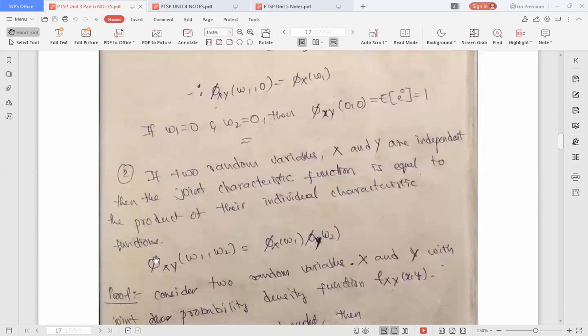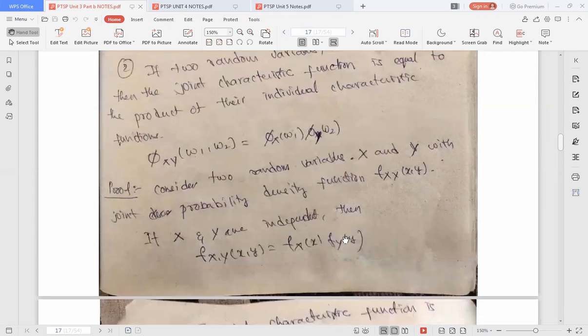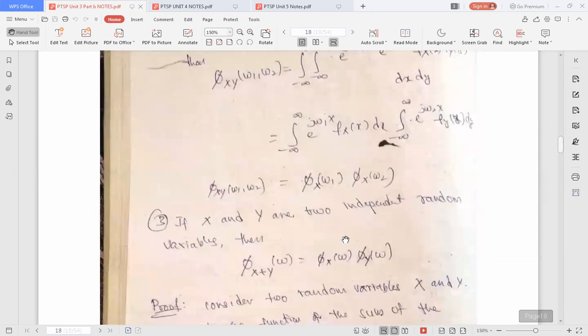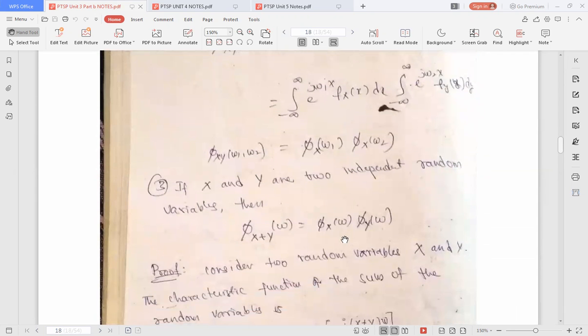Okay. Then the second property is given as: if x and y are independent, in that case the joint characteristic function is equal to the product of their individual characteristic functions. That is phi xy of omega 1 comma omega 2 is equal to phi x of omega 1 times phi y of omega 2. Okay. So that is the case if two random variables are independent. Now if x and y are two independent random variables, consider phi of x plus y.